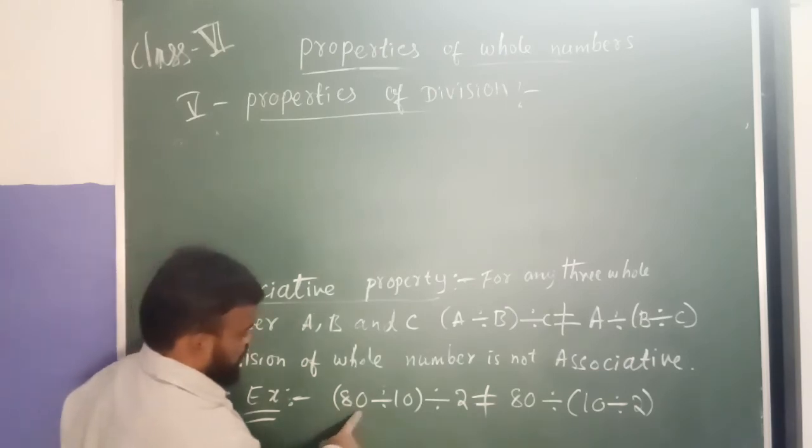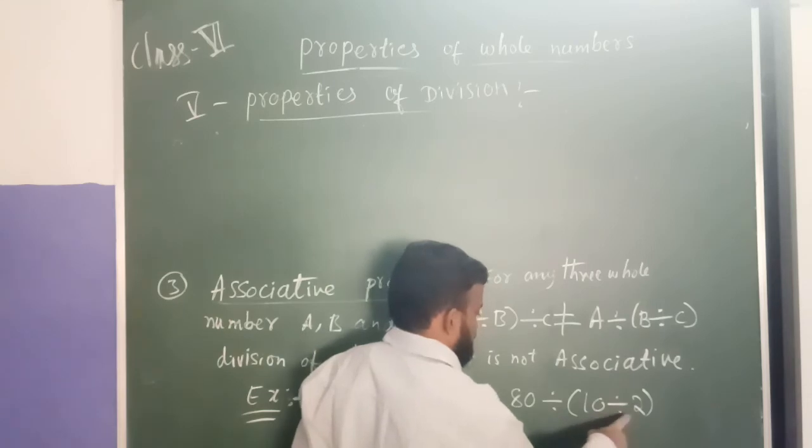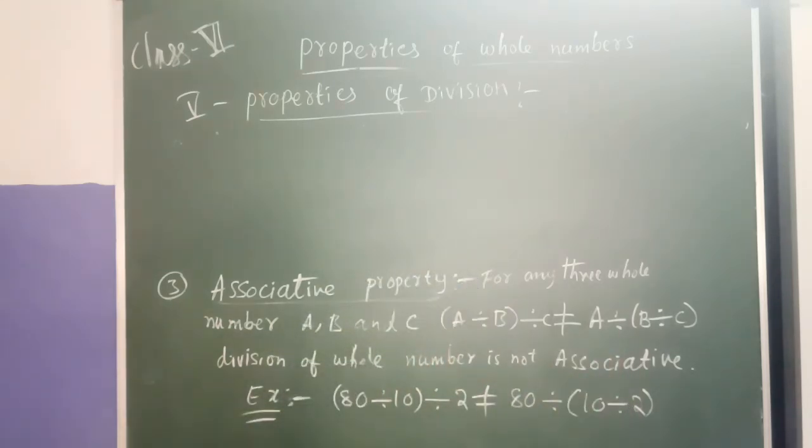See, 80 divided by 10, divided by 2, is not equal to 80 divided by (10 divided by 2). 80 divided by 10 is 8, 8 divided by 2 is 4. On the other side, 10 divided by 2 is 5.